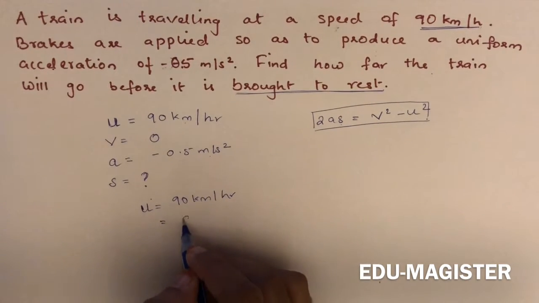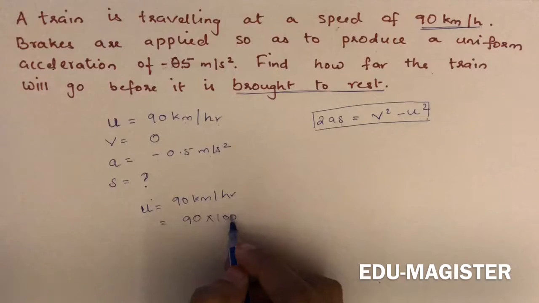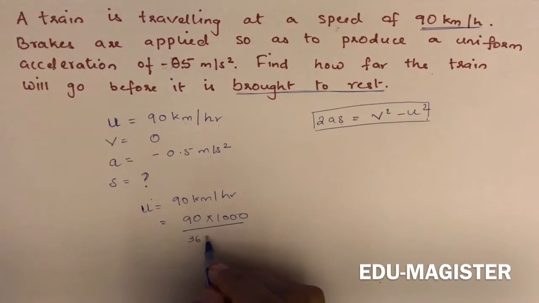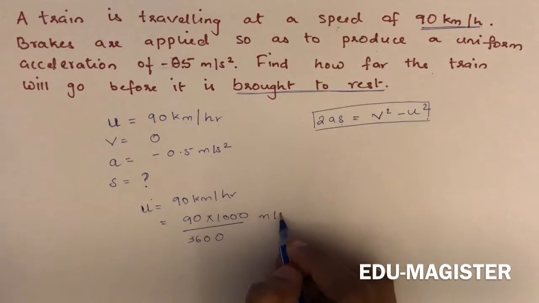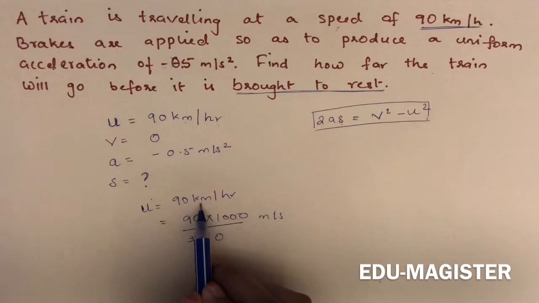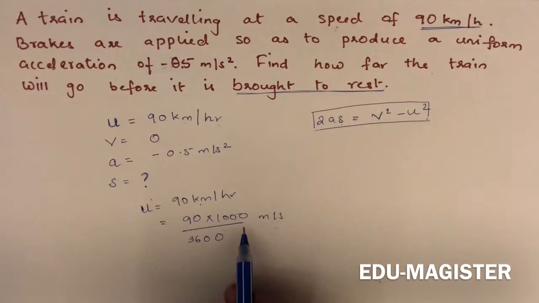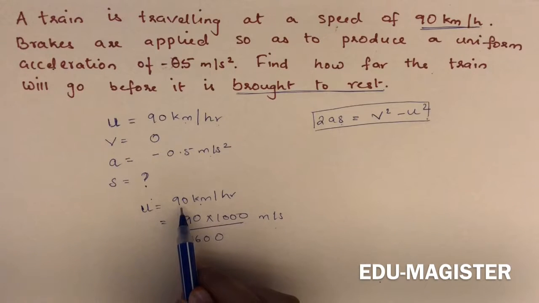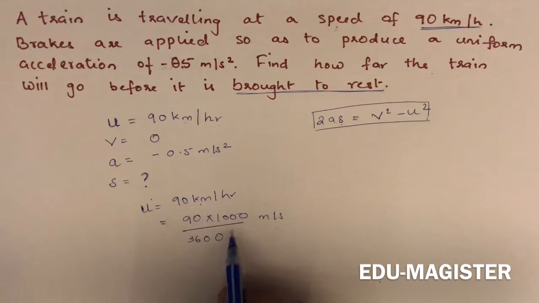So this will be 90 into 1000 by 3600 meters per second. So in order to convert kilometers per hour, you need to multiply that quantity or value with 1000 by 3600. Now if you solve this, you will get the answer as 25 meters per second.